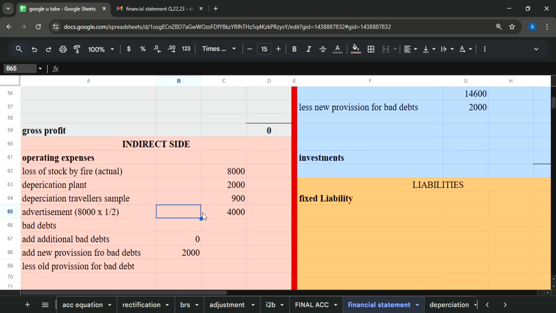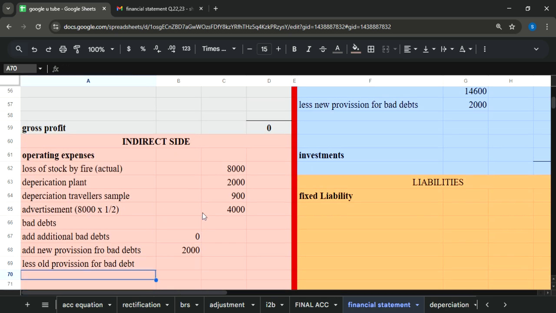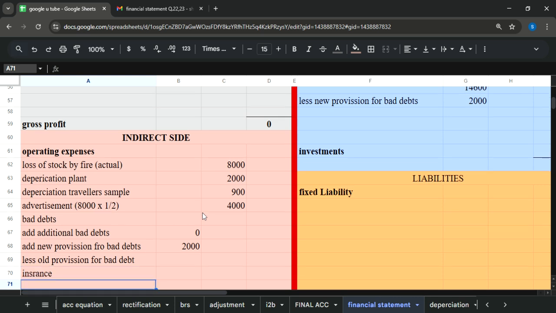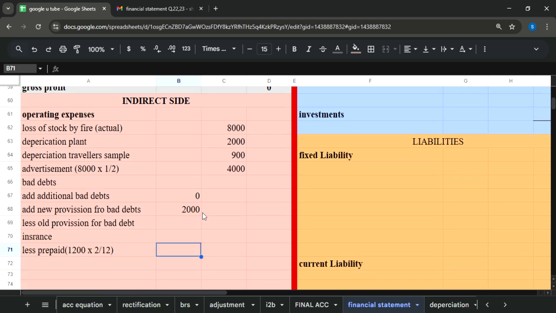We will go to operating expenses, and here first you will mention insurance, and less its prepaid. How will you calculate it? 1200 was for the full year, we need only 2 months, so multiply by 2 divided by 12. This would be your prepaid. Note it carefully: the total annual payment of insurance was 1200.